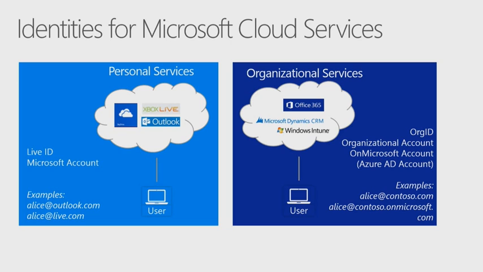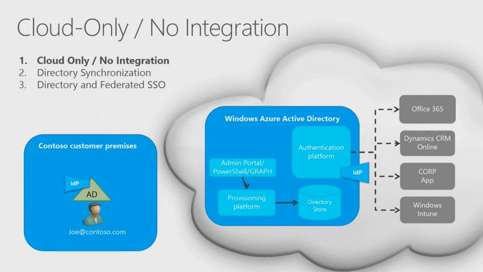And this is really something that is in Windows Azure Active Directory. It does not have to be an onmicrosoft.com domain, although all onmicrosoft.com domains are going to be organizational accounts. But if you federate or connect or synchronize those identities up into that Windows Azure Active Directory, then at that point, those are going to be organizational accounts as well. Okay. I think that clears that up.